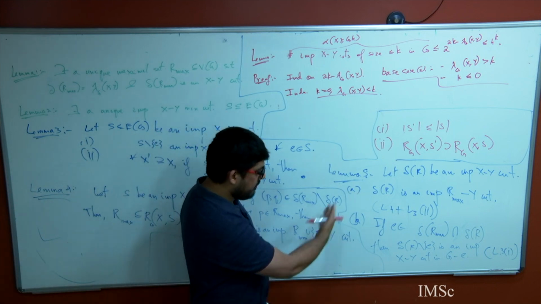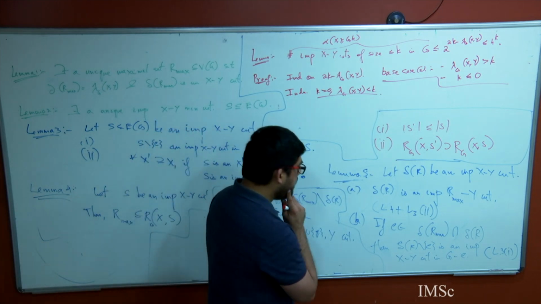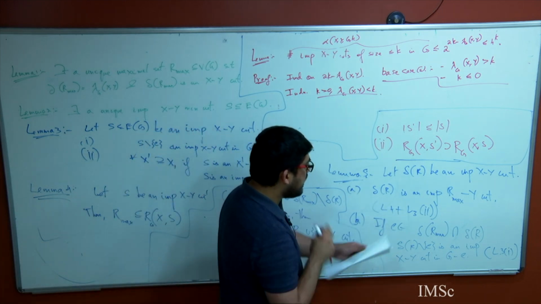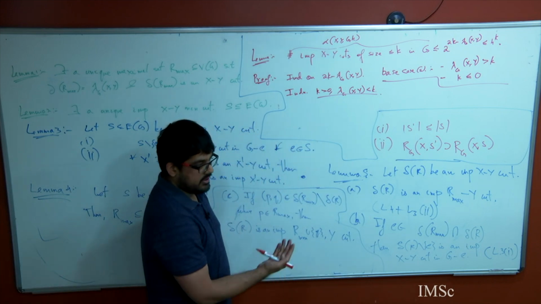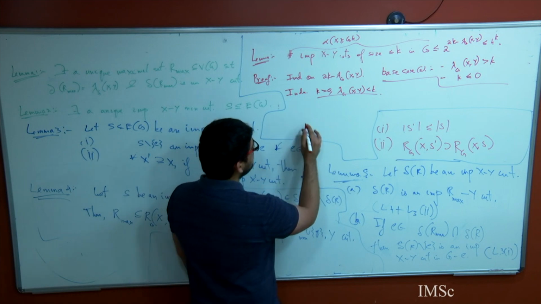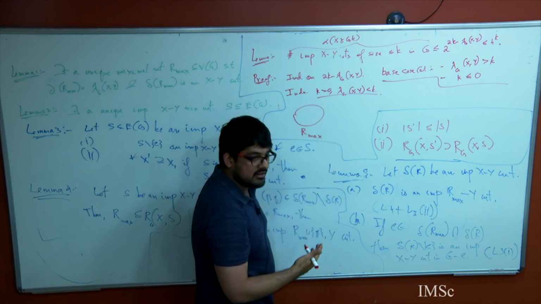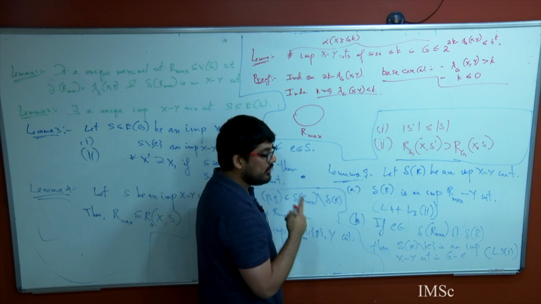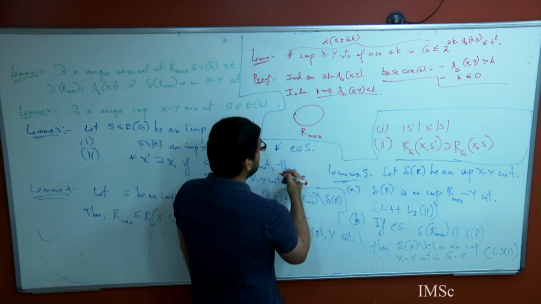We already have a few interesting statements here. Well, we know that delta R is definitely an important R max y cut. That's just a fact. So let me take up R max. That's existential. Your task is to see why this is efficiently computable.